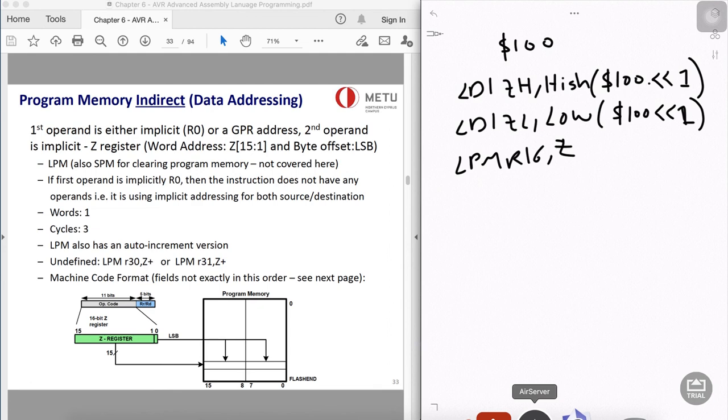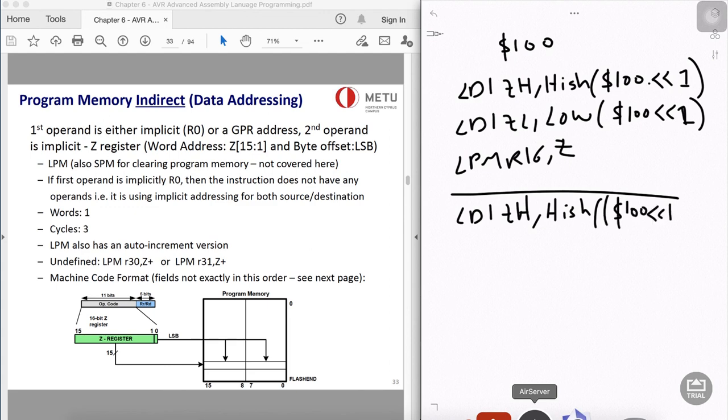Or we can use an OR with a 1, so the bit will be set. So in this case, what we can do, we can just do LDI ZH high $100 shift 1 or 1, and LDI ZL low $100 shifted 1 or 1.